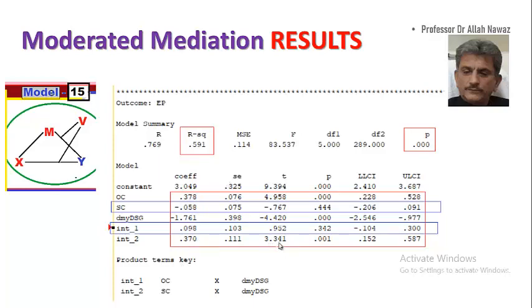T-score is greater than 1.96. P-value is also significant. It is less than 0.05. And likewise, the lower and upper limits of the confidence interval are on the same side, so no chance of 0.